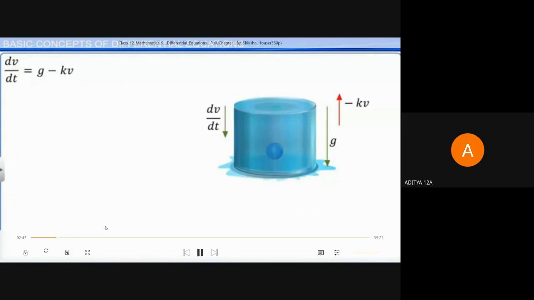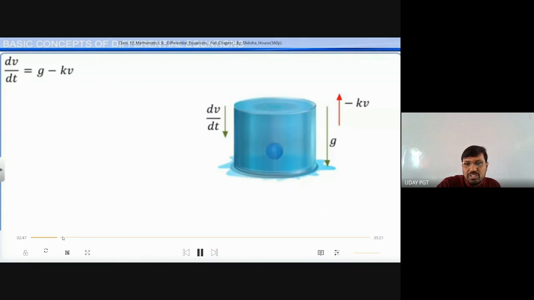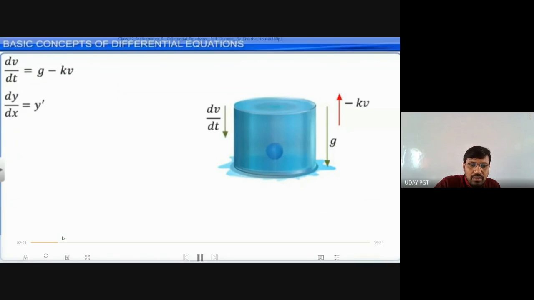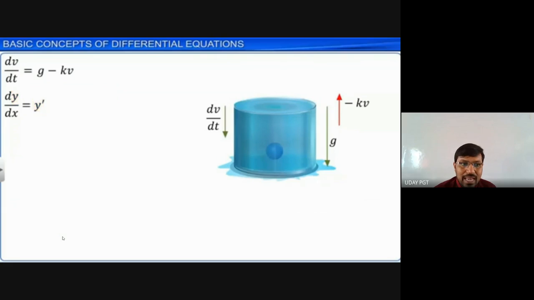Such equations, like trigonometric equations, in which trigonometric functions are there, we call a trigonometric equation. Like that, a differential equation is one in which the derivative of the dependent variable will be there.